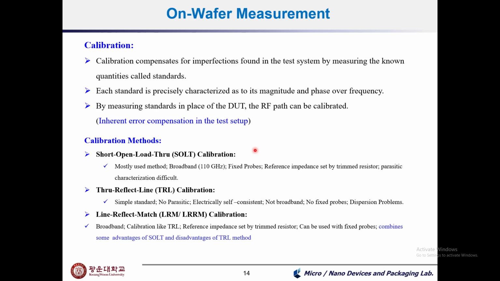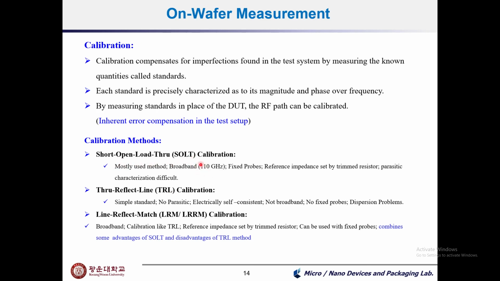There are three main calibration methods which are commonly used, and those methods are SOLT calibration, TRL calibration, and LRM, or we also say LRRM calibration. In the case of SOLT calibration, S stands for short, O for open, L for load, and T for through.